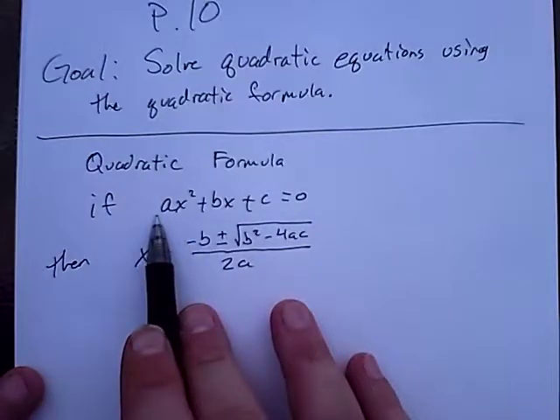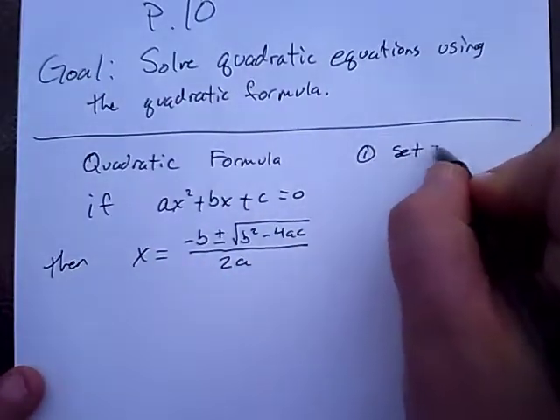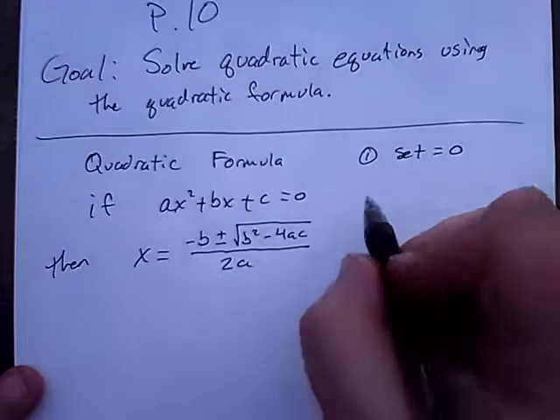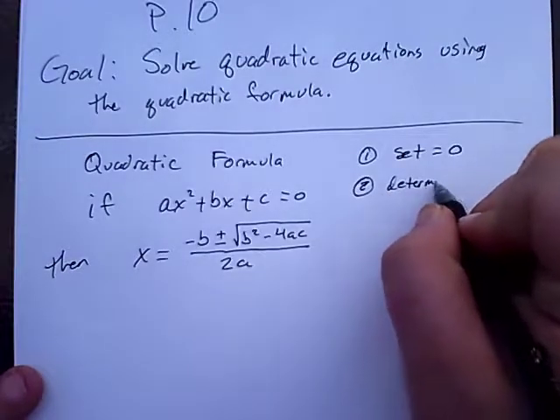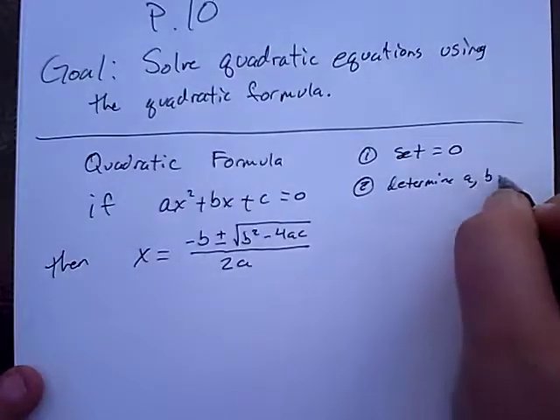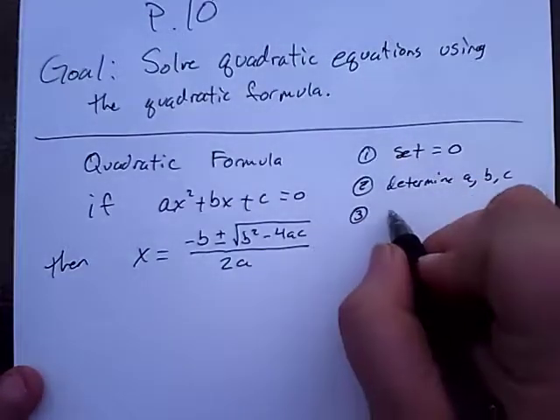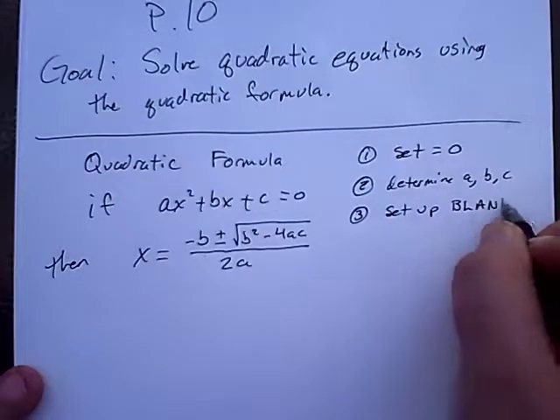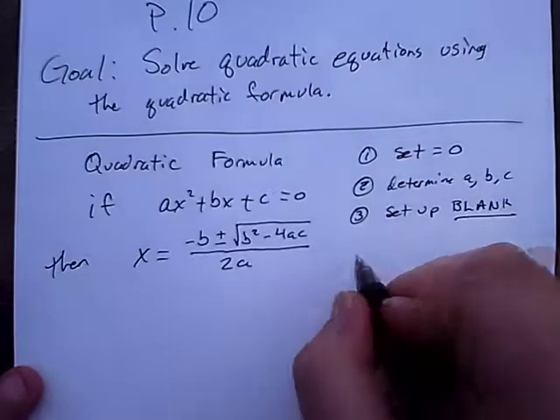So the very first thing is that we need to get everything set equal to 0, just like we saw in P9. Number 2, I'm going to determine A, B, and C. 3, I'm going to set up what I'm going to call the blank formula, with nothing but parentheses.